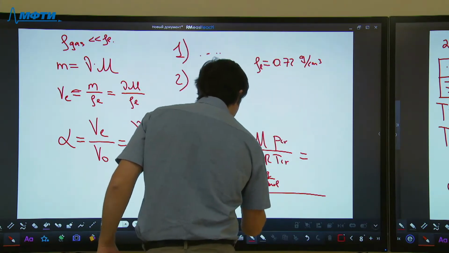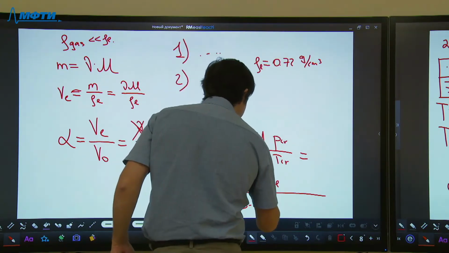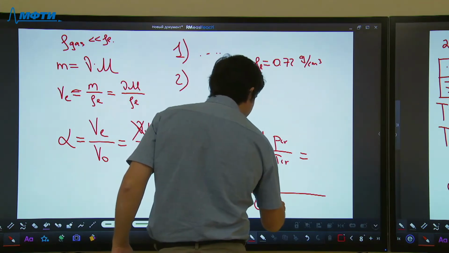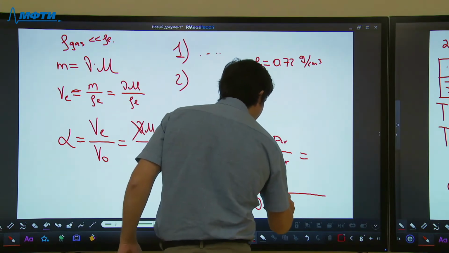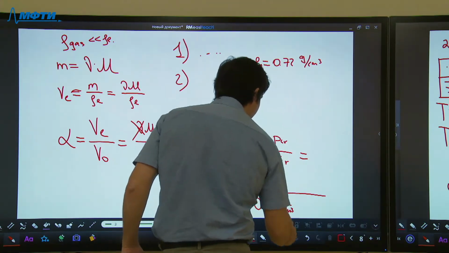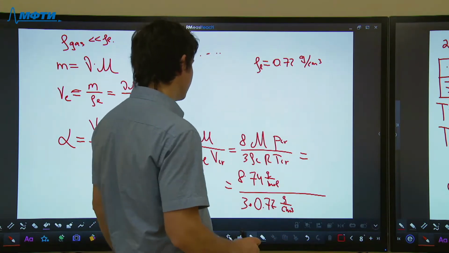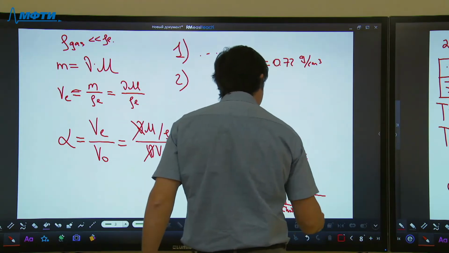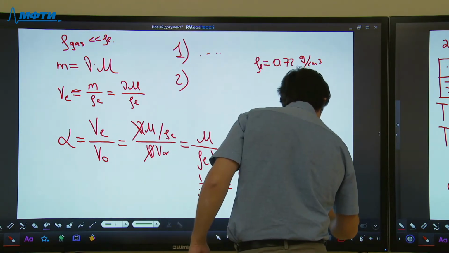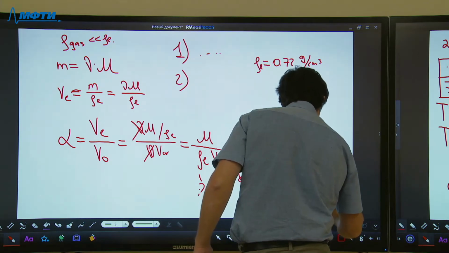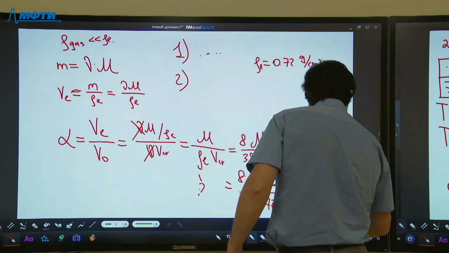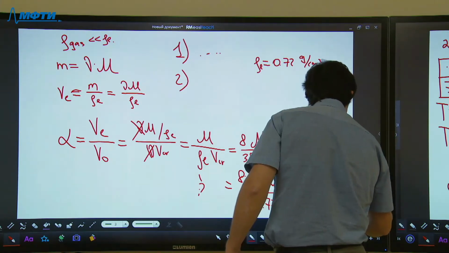So in here I have 3 times 0.72 grams per centimeter cubed times 8.31 joule per kelvin per mole times T critical, which is 467 kelvins.